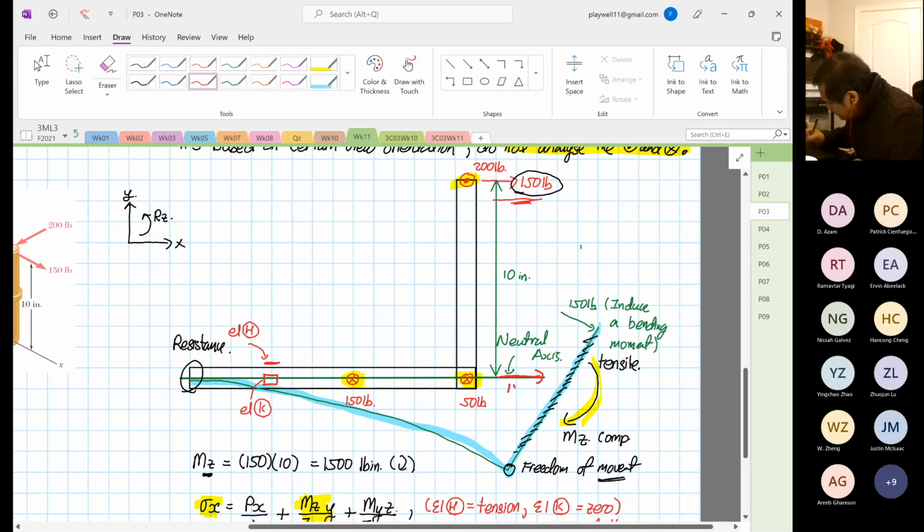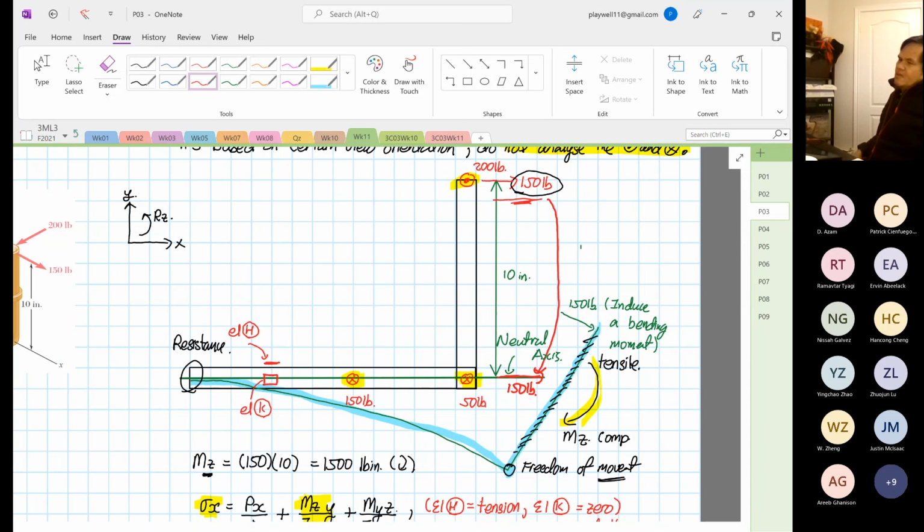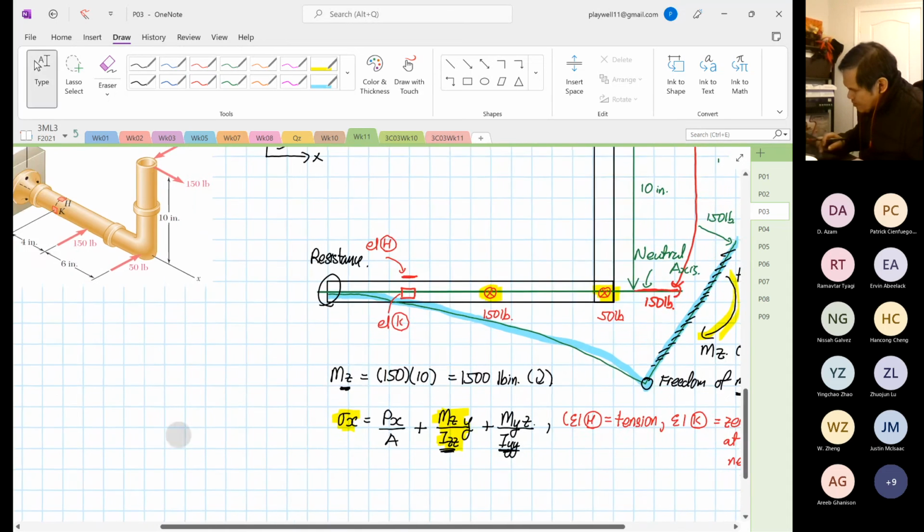This is 150 pounds, and you have to shift it down to the neutral axis because it's going to induce a bending moment and an axial load. Now, some of you say, Eugene, we did not learn this. You did learn this before. I will show you now.